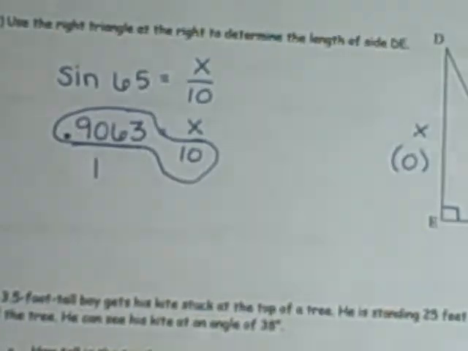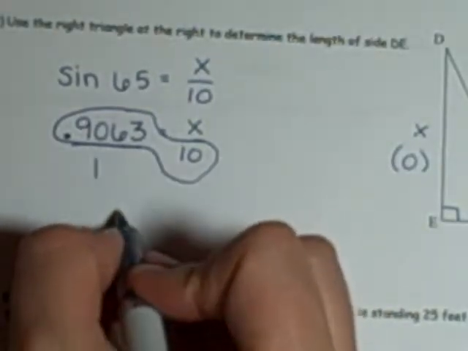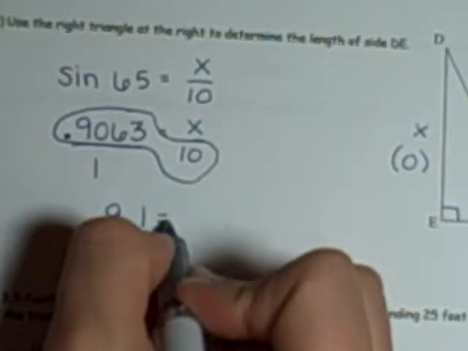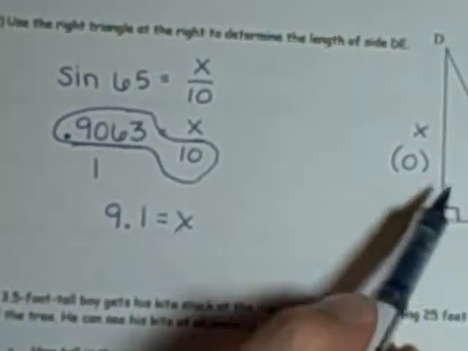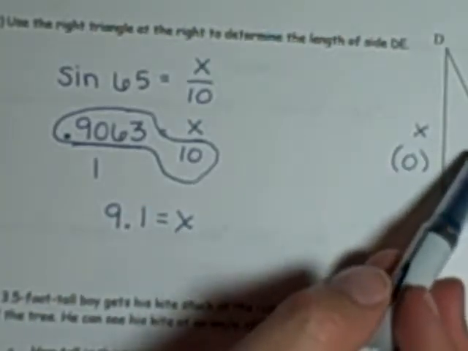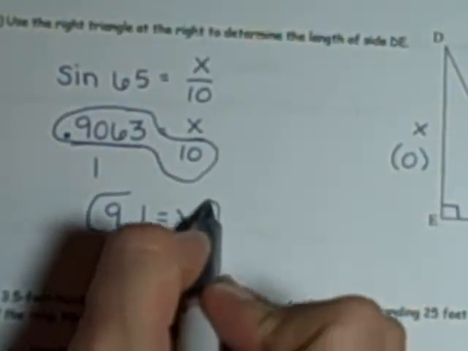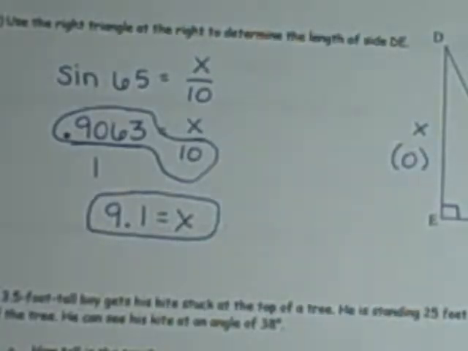So 0.9063 times 10 is going to give me 9.06, which I would round to 9.1 for x. And looking at these side lengths here, if that's 10, I would say that makes sense for that side to be 9.1. So don't let the regular trig problems confuse you now that you've done all the complicated trig.